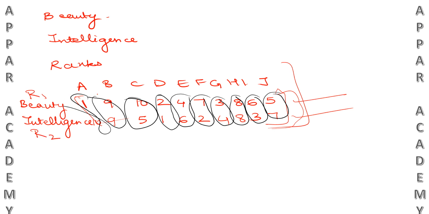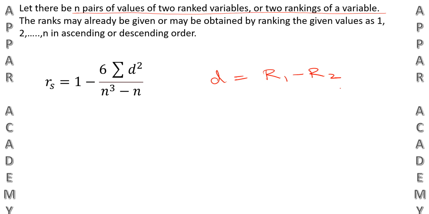So the difference between these ranks will be d, right? And then we are just squaring these up, summing them up, and multiplying by 6 upon n cube minus n. n refers to the number of pairs or the number of observations. And we are subtracting this entire thing from 1. So this is the basic formula to find Spearman's rank correlation coefficient.